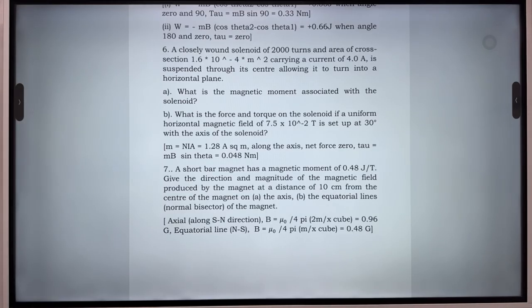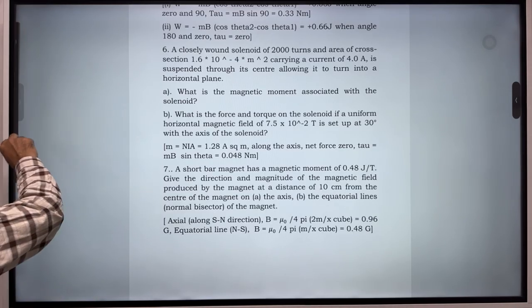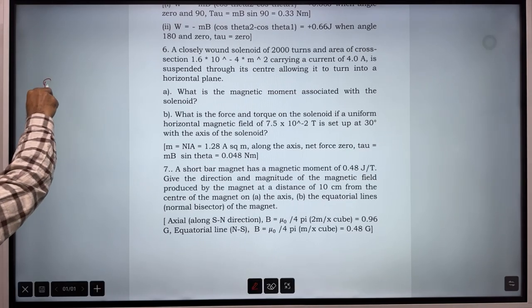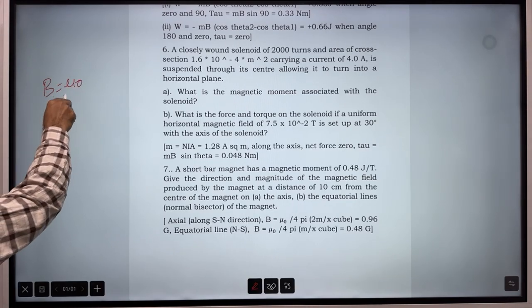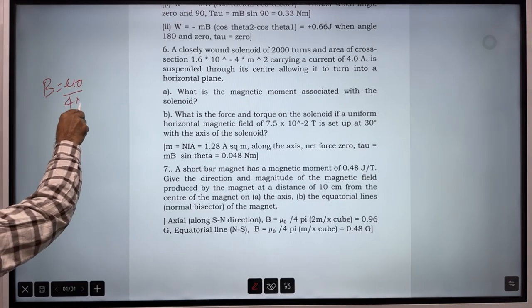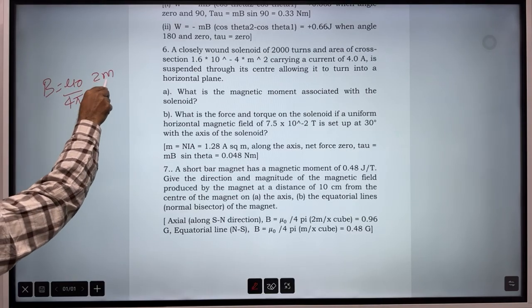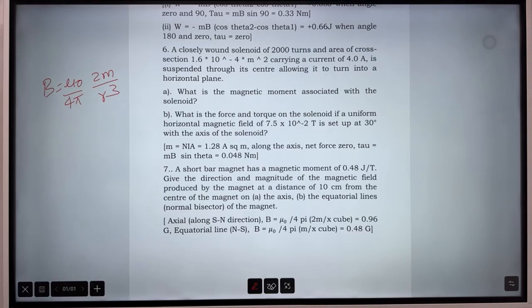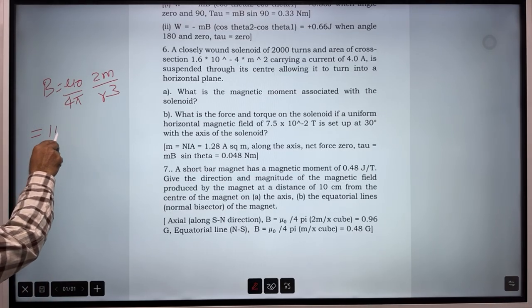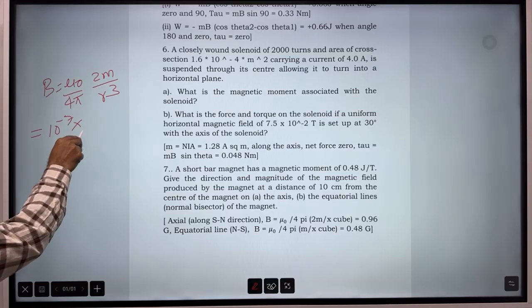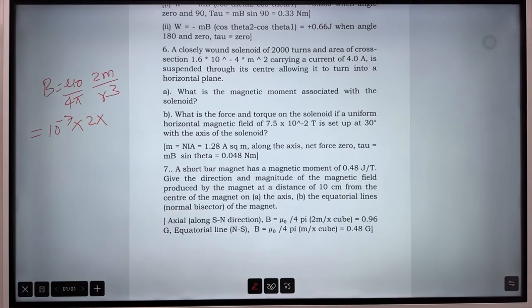Our concern is to evaluate the magnetic field. On the axial point, if you remember, the magnetic field is given by B = (mu naught / 4 pi) × 2M / r^3, right? So here we have values. Mu naught by 4 pi becomes 10^-7, into twice the magnetic moment.